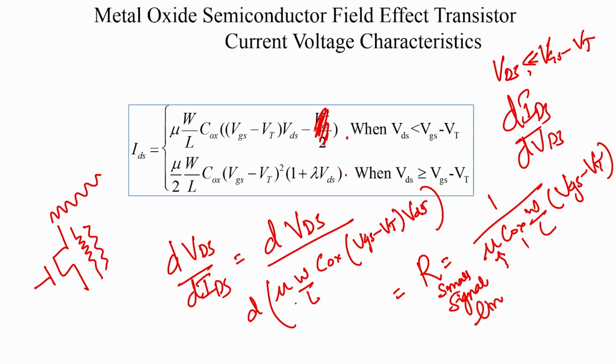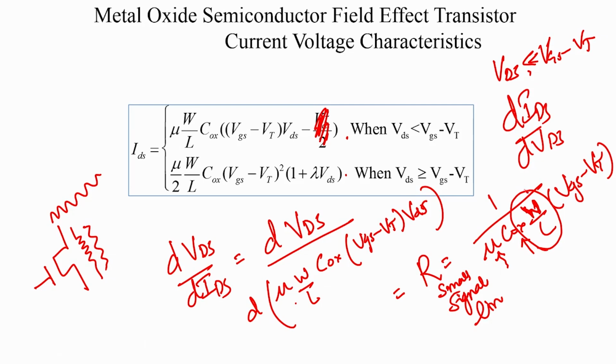If you improve the field effect by increasing Cox, the resistance of the MOSFET goes down. If you make the channel width much larger than the channel length and increase the aspect ratio of the MOSFET, of course, the distance travelled by the electrons from the source to the drain decreases and the sheet charge area increases, and therefore the channel resistance will come down.